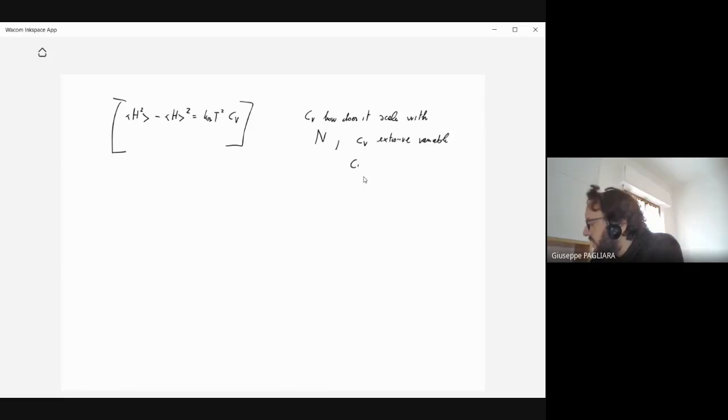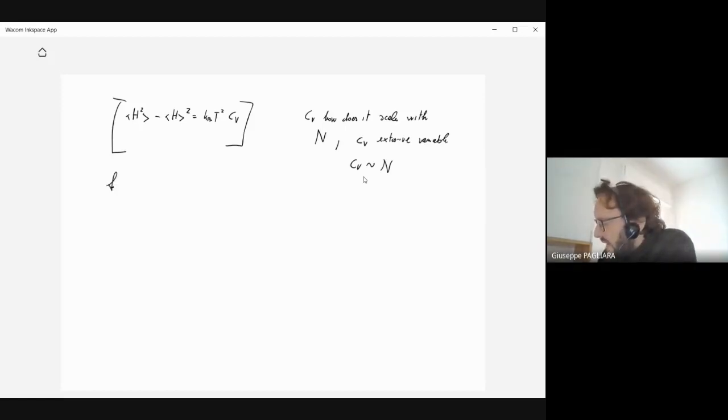And therefore the C_V must scale as the total number of particles. Think about the ideal gas. For a three-dimensional monatomic ideal gas, C_V is 3/2 N k_B. So there is a scaling in the number of particles which is linear in N.